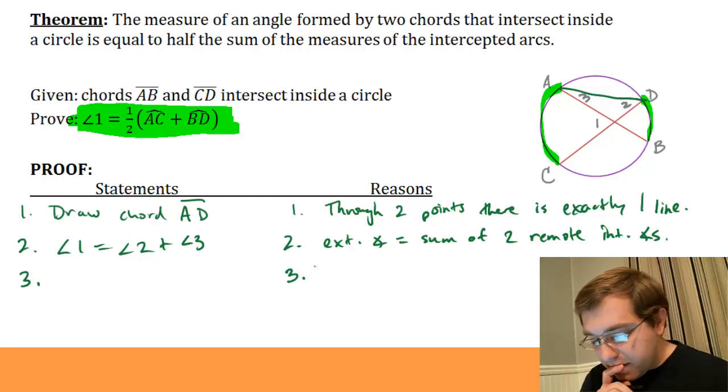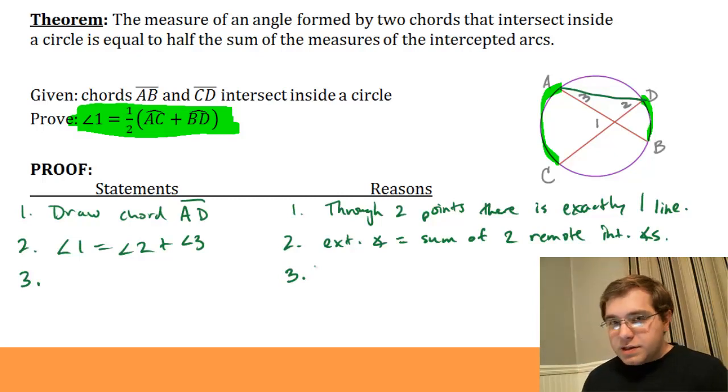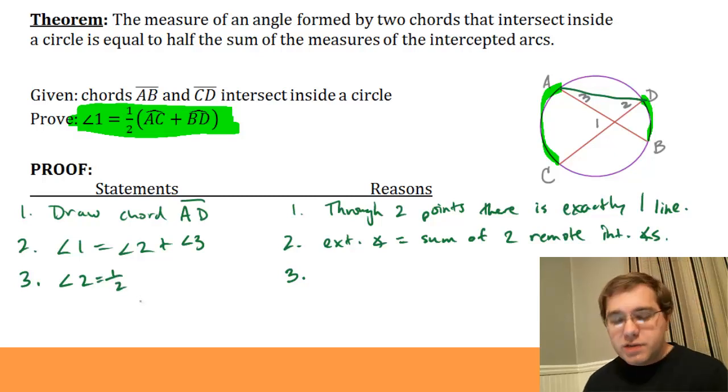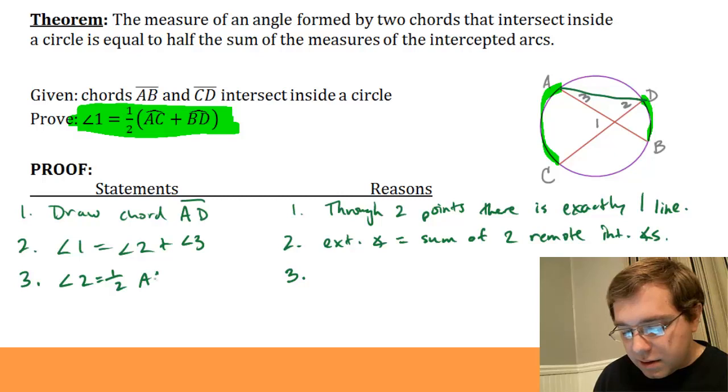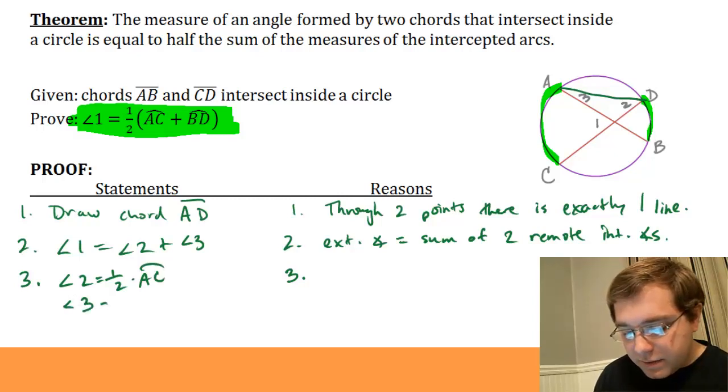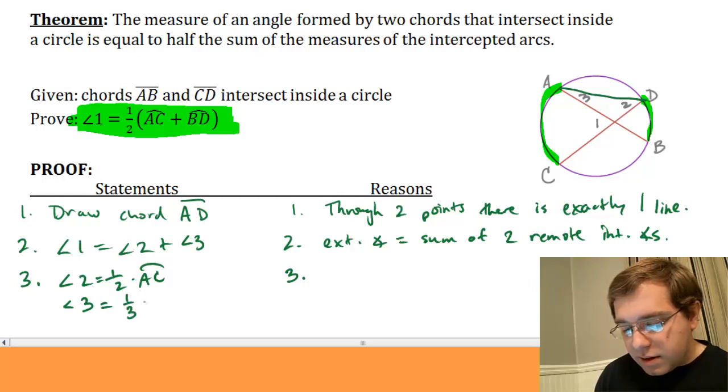Inscribed angles. Very good. So if angle 2 is an inscribed angle, then angle 2 is half the measure of its intercepted arc. That's arc AC. Half of arc AC. And angle 3 is half the measure of its intercepted arc. Angle 3's intercepted arc is BD.